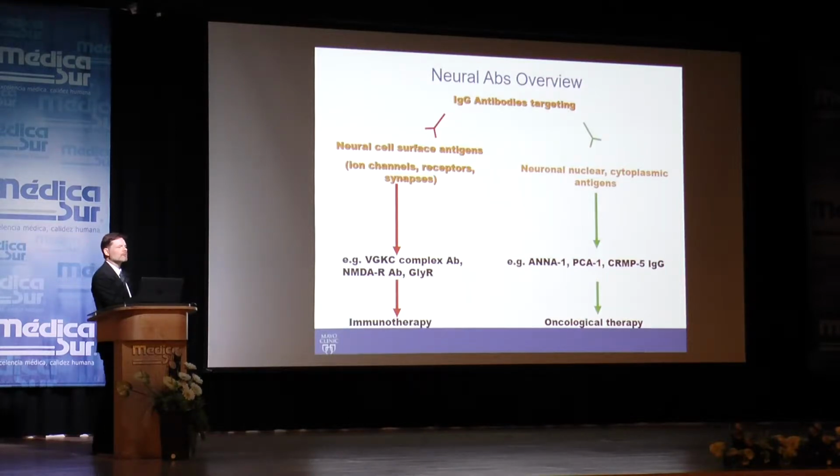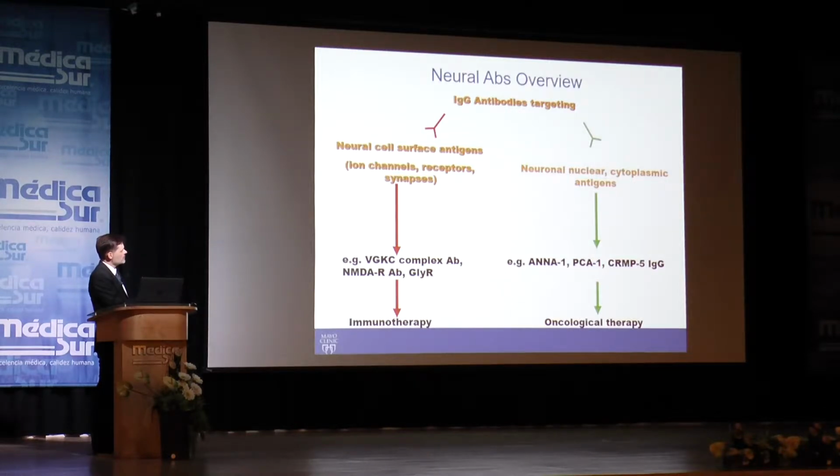So the aquaporin 4 antibody is an example of a cell surface antigen antibody. Or, on the other hand, they could target antigens within the cell itself, so in the nucleus or in the cytoplasm, not as accessible as the cell surface antigens are.